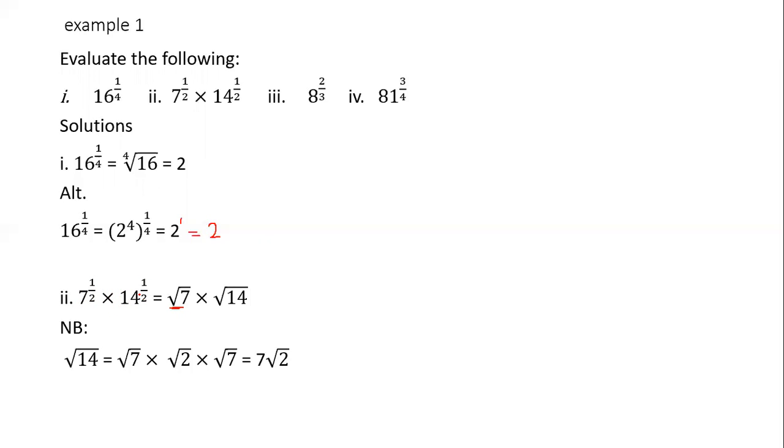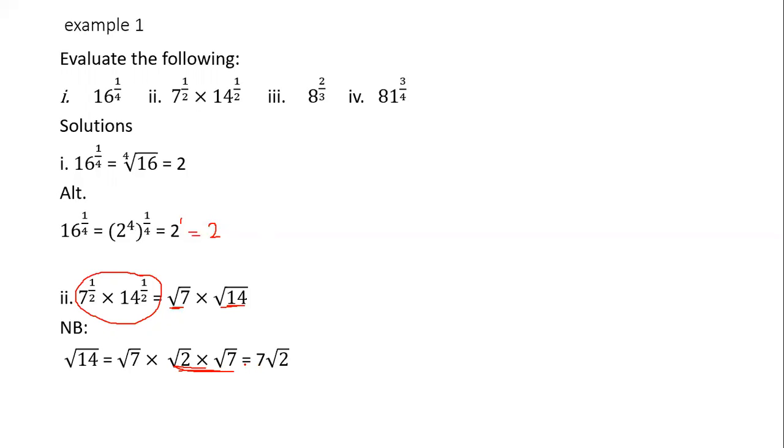So times 14 can also be written as the square root of 14, or the second root of 14. Now root 14 can be written as root 2 times root 7. Therefore, I can express this as root 7 times root 2 times root 7.